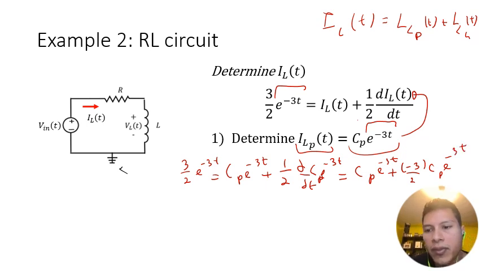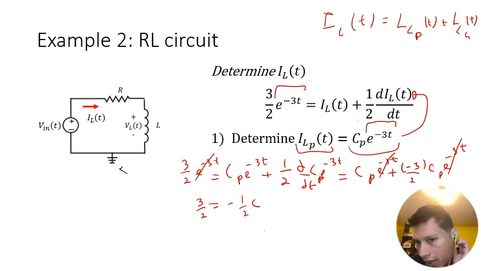So I took the derivative of my particular solution, and something magical now happens because you can see that this and this can be factored out. So we get that 3 halves equals 1 minus 3 halves, which basically turns into negative 1 half CP.